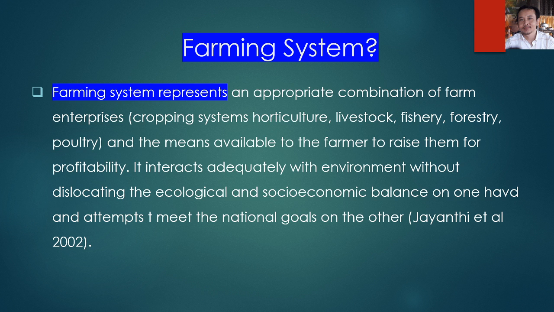Farming system. What is farming system? Okay, as you see on the computer screen, the definition: farming system represents an appropriate combination of farm enterprises such as cropping system, horticulture, livestock, fishery, forestry, poultry, and the means available to the farmer to raise them for profitability.